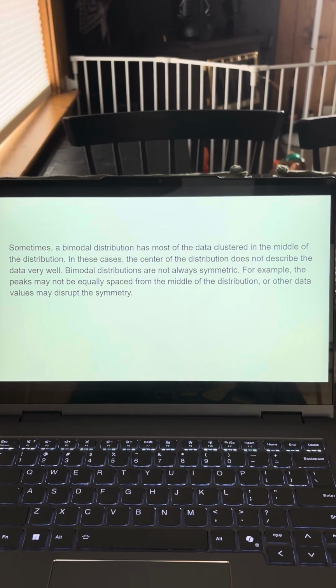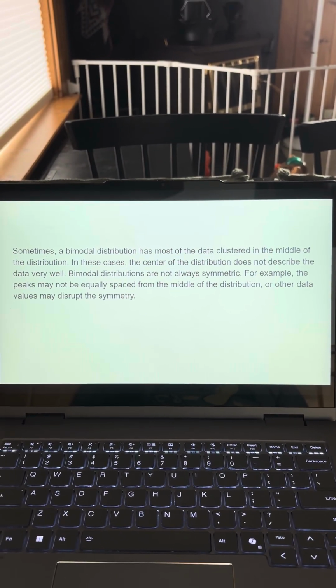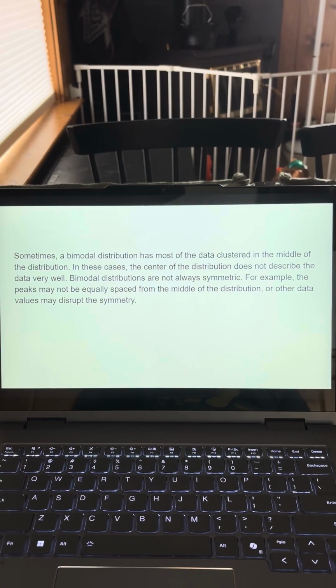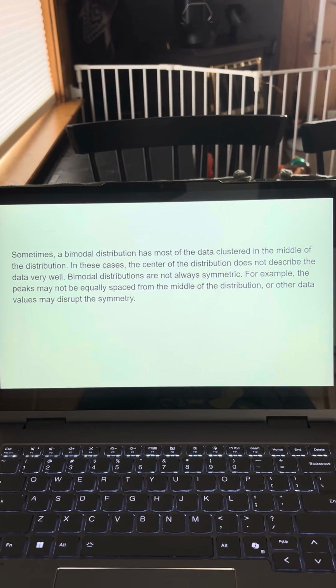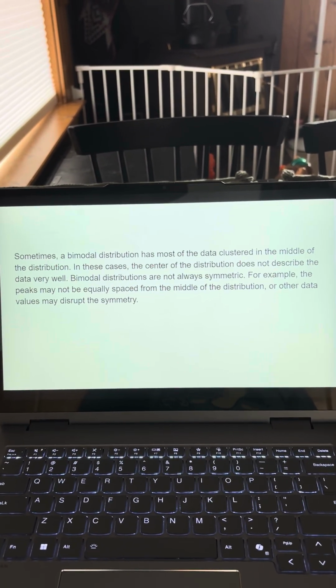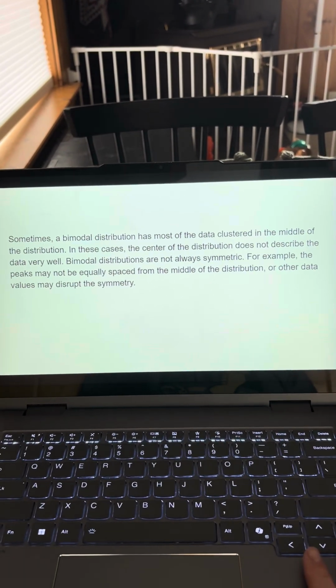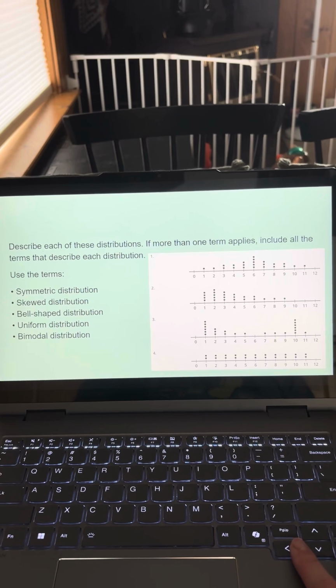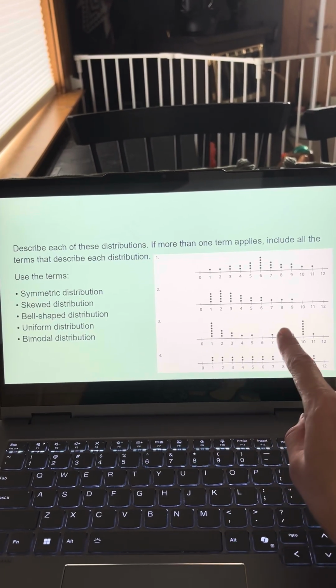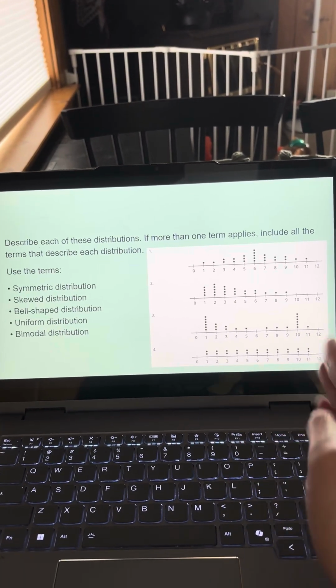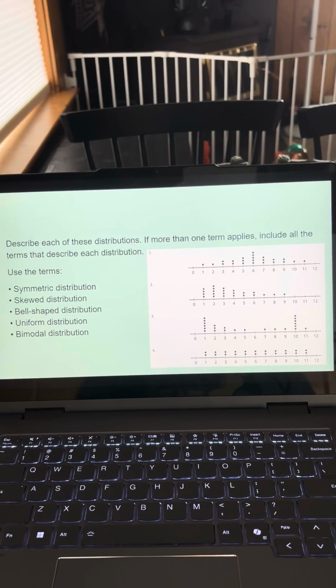Sometimes a bimodal distribution has most of the data clustered in the middle. In these cases, the center of distribution does not describe the data very well, but they're not always symmetric. For example, the peaks might not be equally spaced from the middle of the distribution, and other data values may interrupt it. So this one would technically be bimodal, but it's not symmetric. They don't look the same.